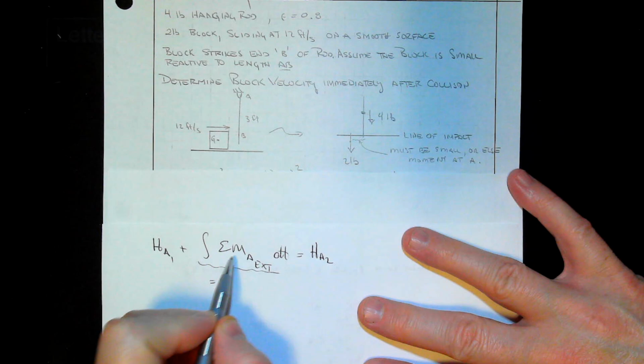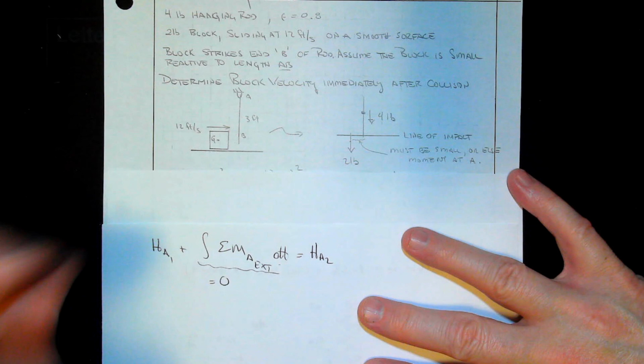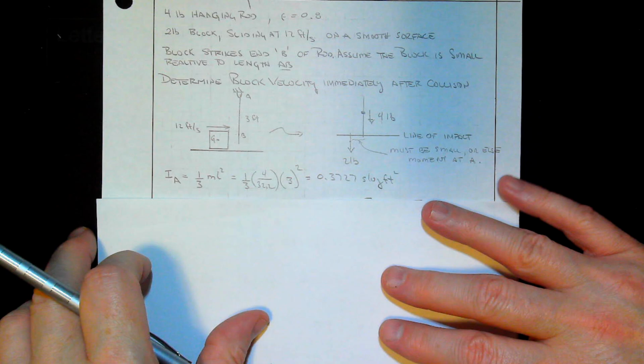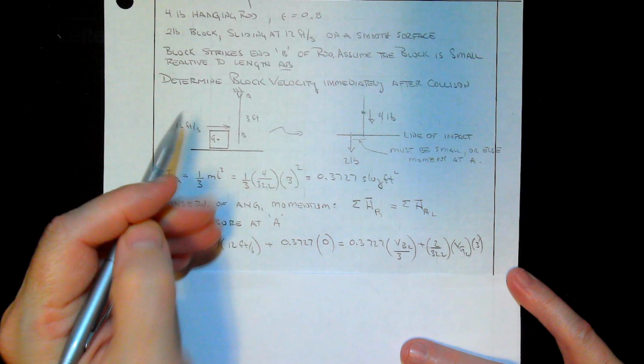AB is in pure rotation about A. A is not moving; everything just rotates relative to A. We cannot use linear momentum for something that purely rotates, so we need angular momentum here.